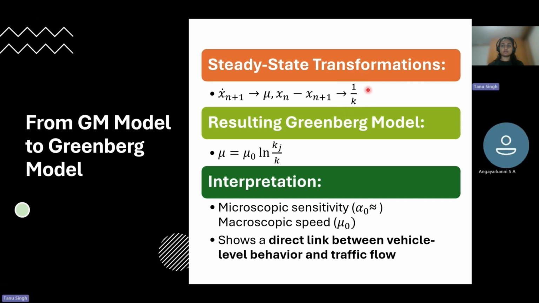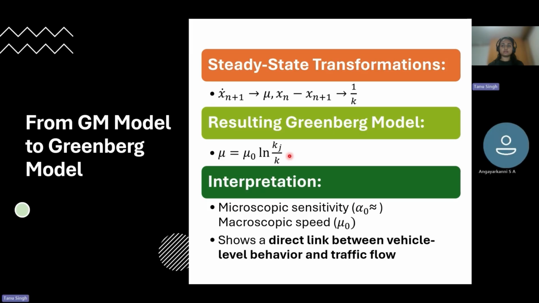When we apply these substitutions to the GM model, we obtain Greenberg's model. Here the acceleration is mu equals mu naught ln kj by k.